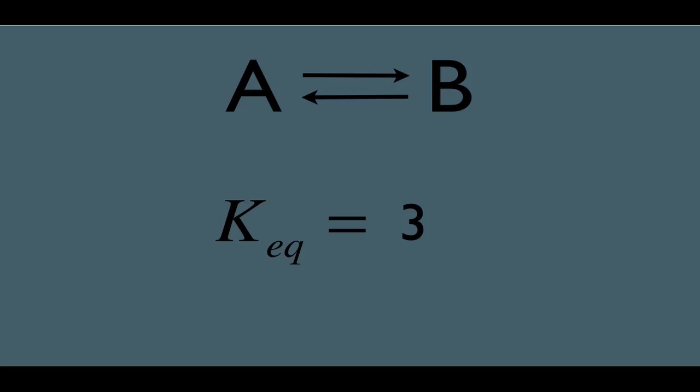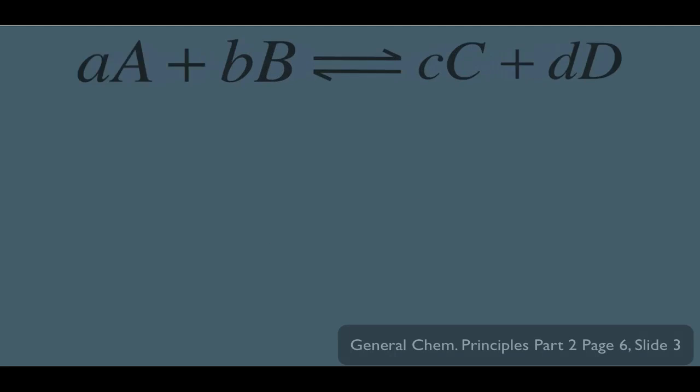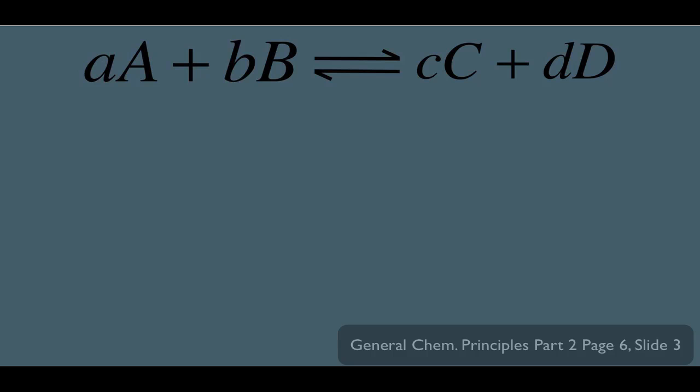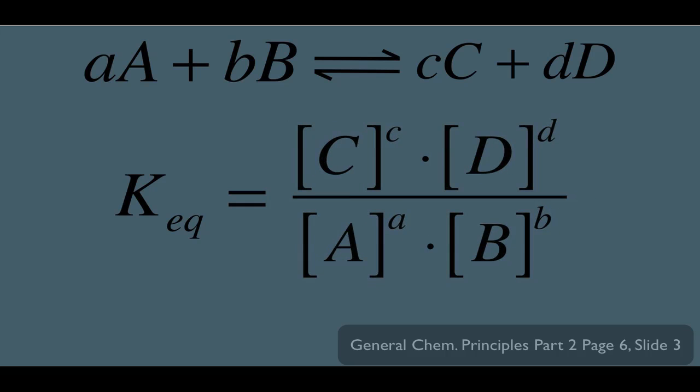This is a very valuable tool in general chemistry and in organic chemistry. But before we talk about all the value we get out of this, let's remind ourselves how to generate a KEQ for a particular reaction. Let's say this generic reaction right here. If you remember from general chemistry, we have to follow certain rules to generate the KEQ for this reaction. The KEQ is the products over the reactants, raised to their corresponding coefficients.